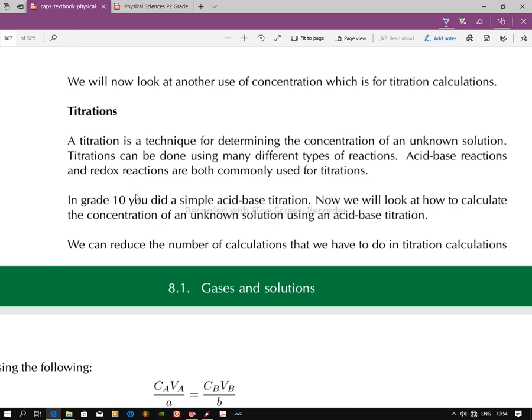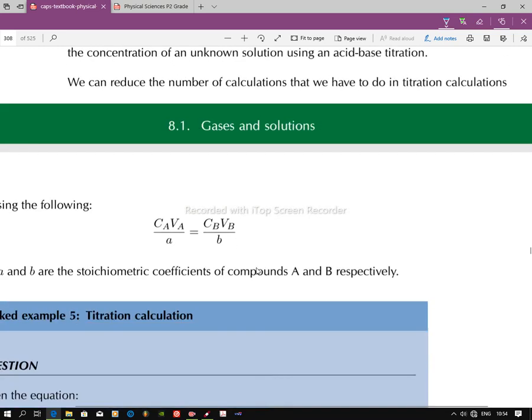In grade 10 you did a simple acid-base titration. Now we will look at how to calculate the concentration of an unknown solution using an acid-base titration.